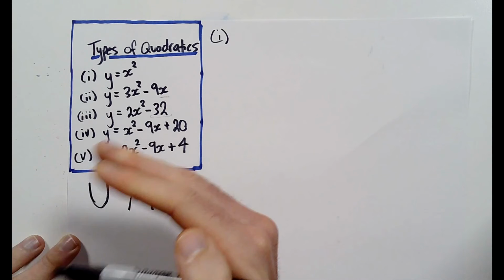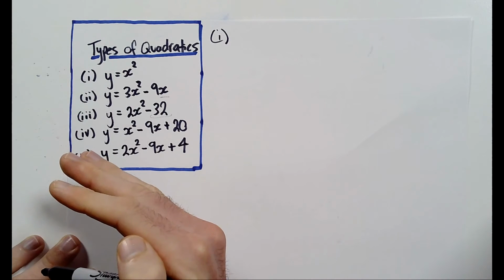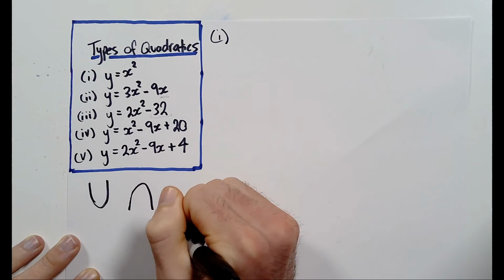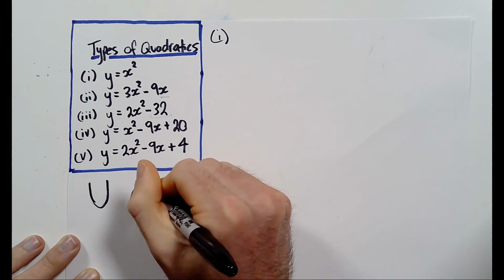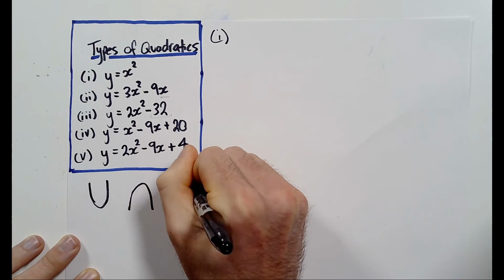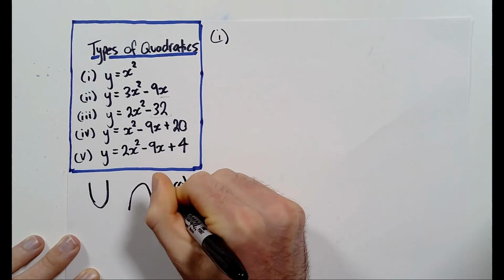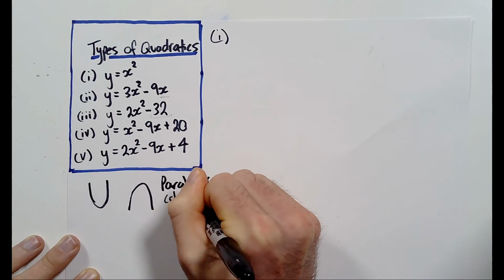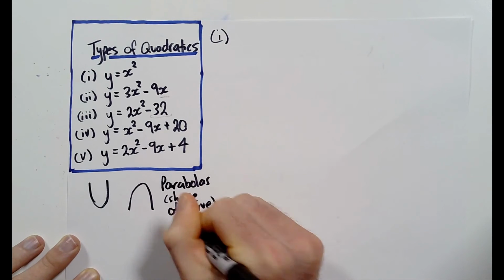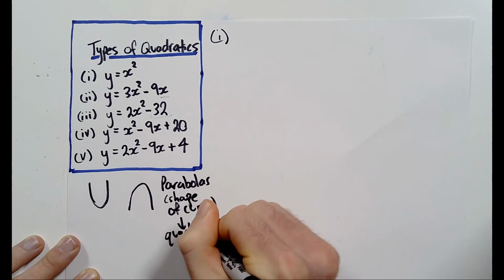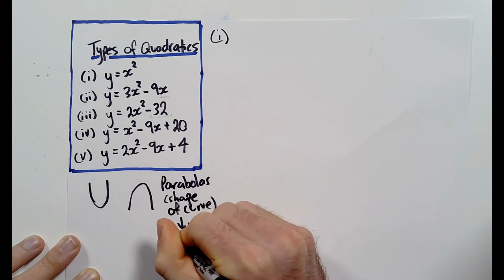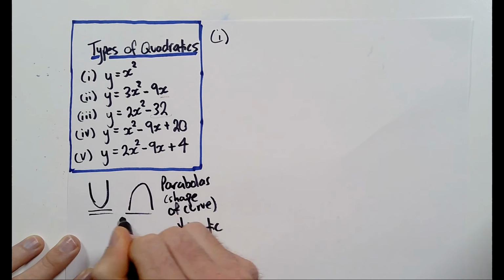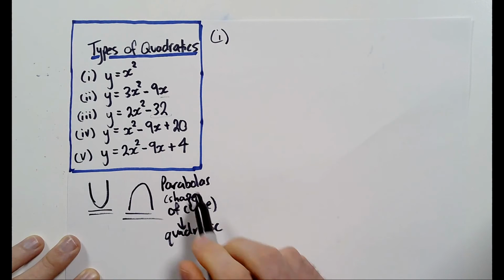But if I had a negative in front of the x squared term, such as negative 4x squared, then you are going to get this upside down U shape. But both of these are called parabolas, and that is the name of the shape of the curve that you'll get when you draw a quadratic onto a graph.